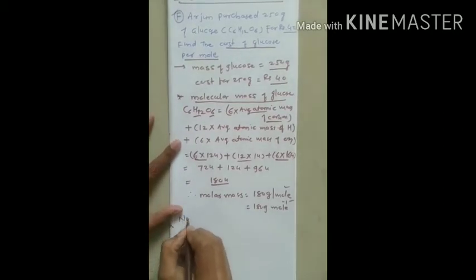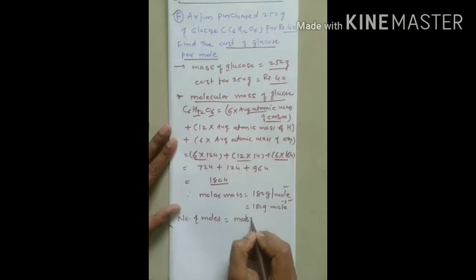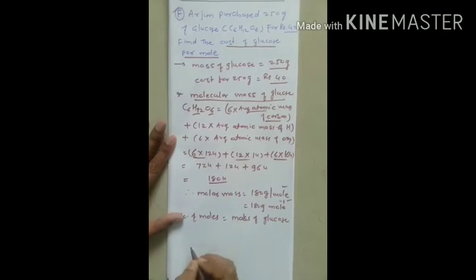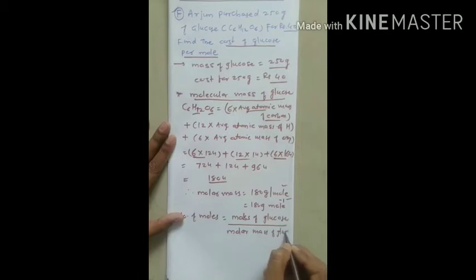So I am writing here, number of moles equals mass of glucose divided by molar mass of glucose.